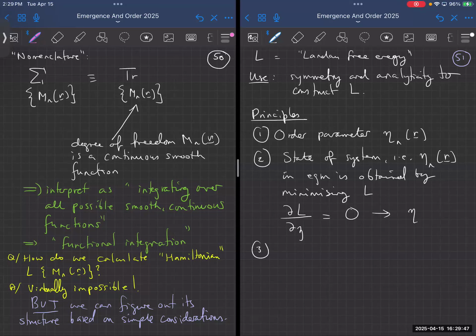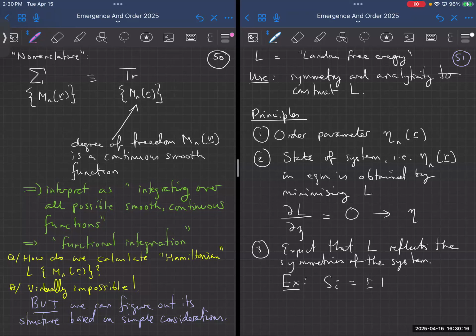Next thing is we're going to expect that L reflects the symmetries of the system. So for example, let's suppose we had an Ising magnet. As usual, we know that has a spin flip symmetry, time reversal symmetry.